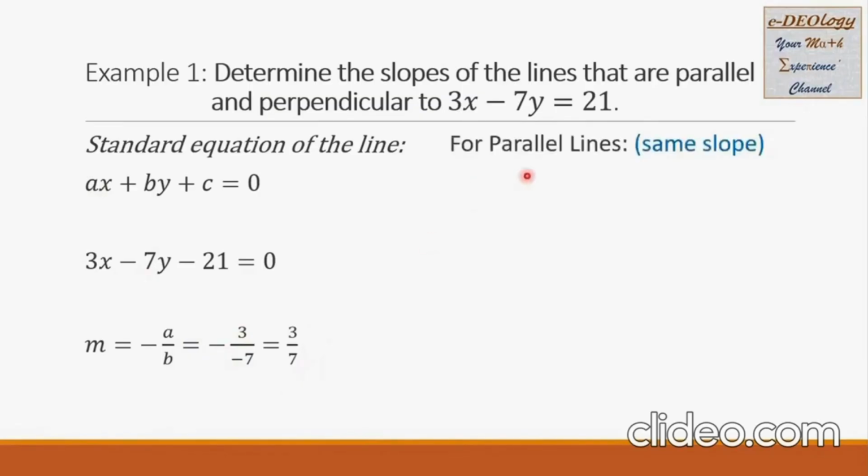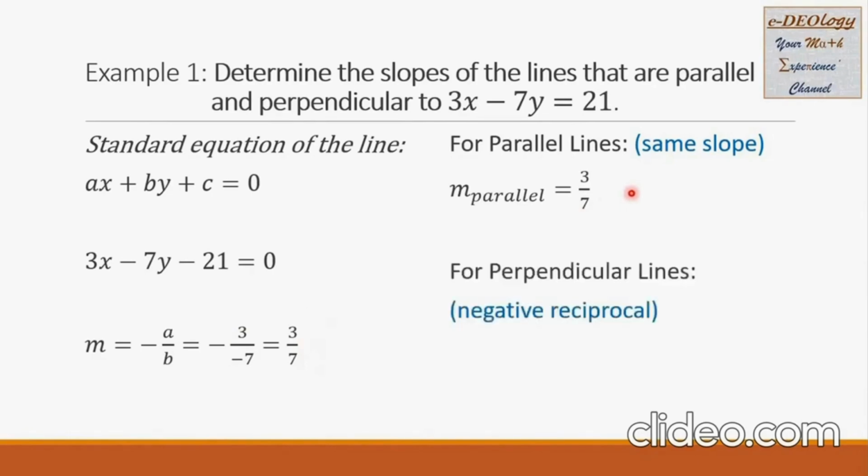Now, to compute for parallel lines, we know they will have same slope. The slope of parallel is equal to, we will simply copy the slope 3 over 7 here. So we have now our answer for slope of parallel lines. For perpendicular lines, we say that the relationship must be negative reciprocal.